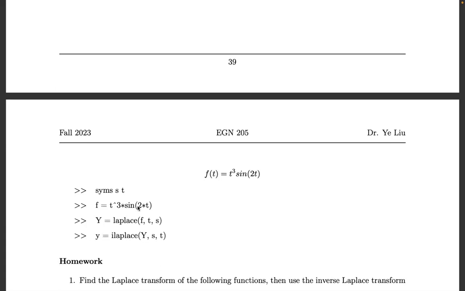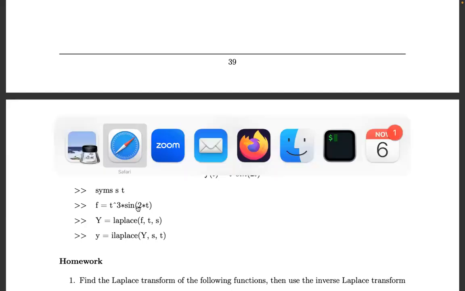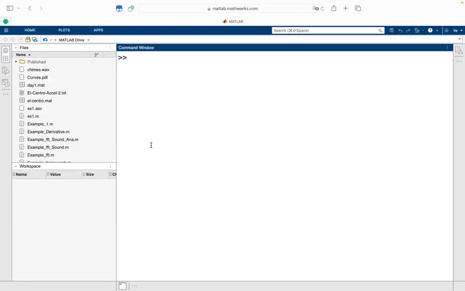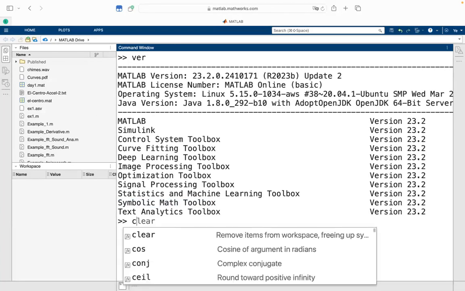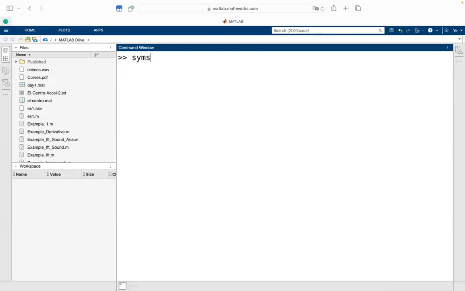Now we can do this in MATLAB. First, we show this using the Symbolic Math Toolbox. syms s t, then f equals t caret 3 times sin(2 times t).